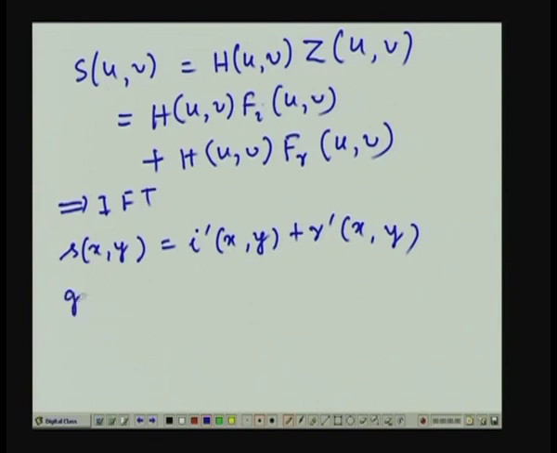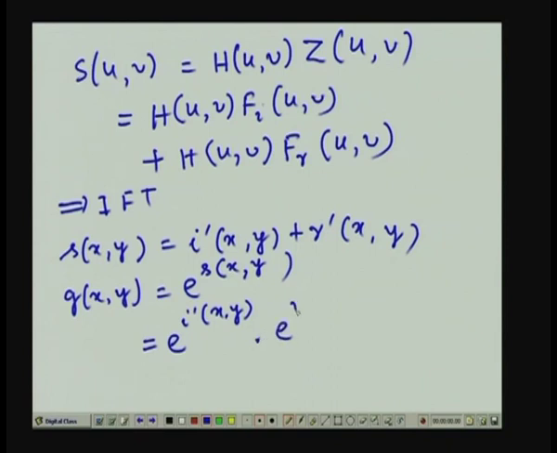And finally, I get g(x,y), which is e to the power s(x,y), which is nothing but e to the power I'(x,y) into e to the power R'(x,y), which is nothing but I_0(x,y) into R_out(x,y). So, the first term is the illumination component and the second term is the reflectance component.